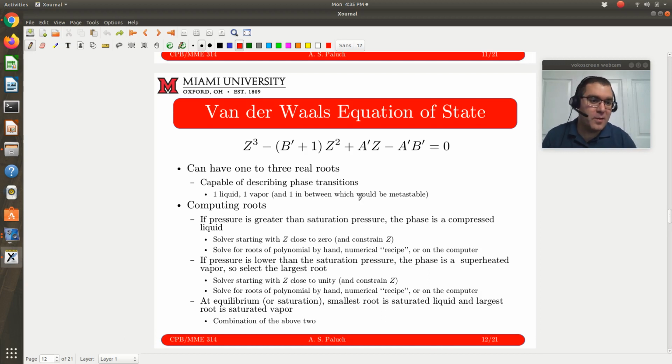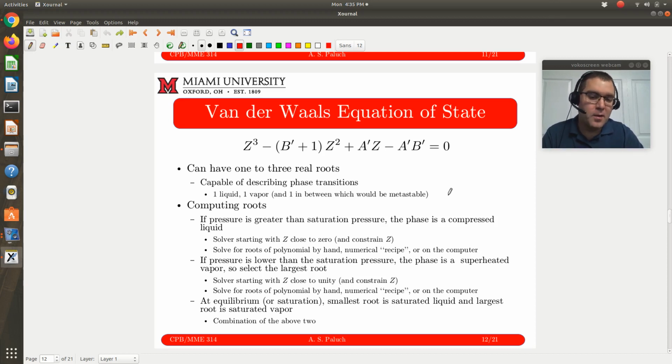Something else that turns out to be nice about working with z in this cubic equation is that there are a lot of numerical and mathematical techniques out there for solving for the roots of a cubic equation. I'll provide two tutorials. I'll often use MATLAB just because it's easy, but you could just as well use Excel.